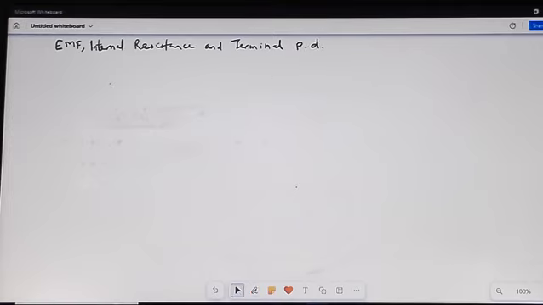So we are going to look at the relationship between the EMF of a cell, its internal resistance, and the terminal potential difference. But before we look at that relationship, let us define what a cell is, or a battery.